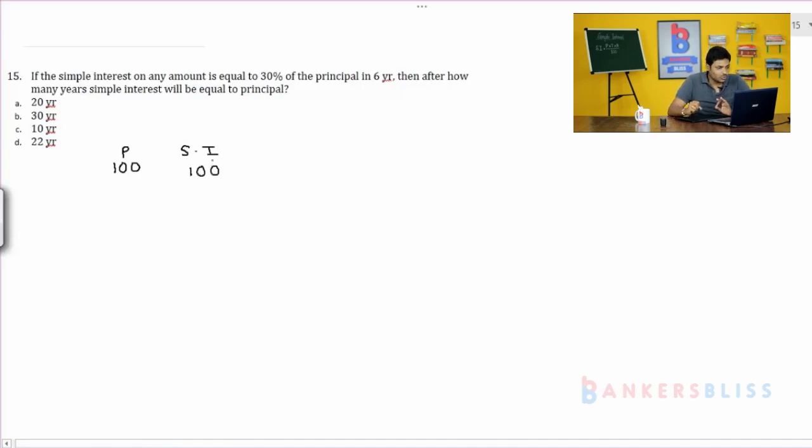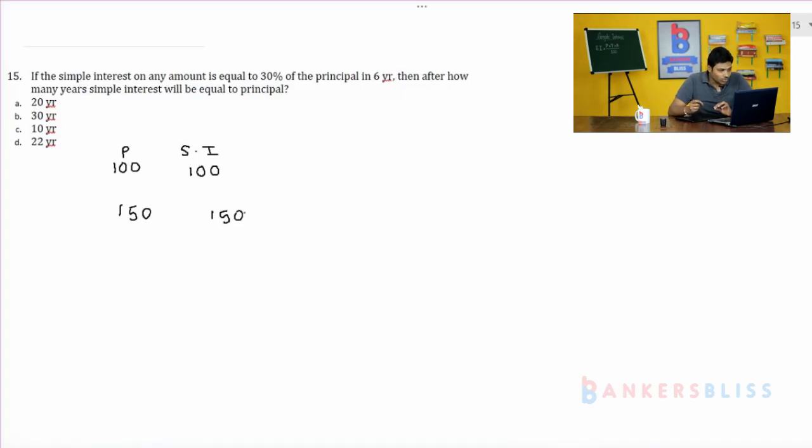If the principal amount is 150, then the simple interest is also 150, because both are equal according to the question. So after how many years will you get the simple interest equal to the principal amount?